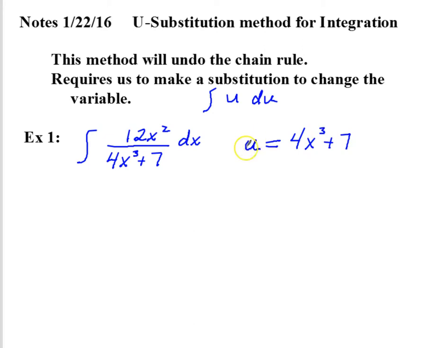So I've got u written as a function of x, so its derivative would be du dx. And the derivative of 4x to the third is 12x squared. The derivative of a constant is 0. Most likely, in the future, we will always take this derivative in differential form, so multiply both sides by dx.